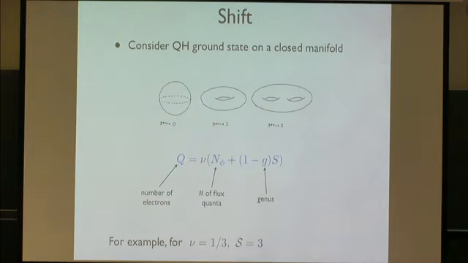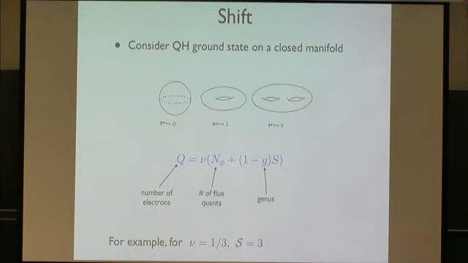So let me tell you a little bit about the shift. Let us consider a quantum Hall ground state on a closed manifold. The manifold can be characterized by the genus. If we write down the relationship between the number of electrons and the number of flux quanta in the system, in the thermodynamic limit, the number of electrons is equal to nu, the filling factor, times the number of flux quanta.